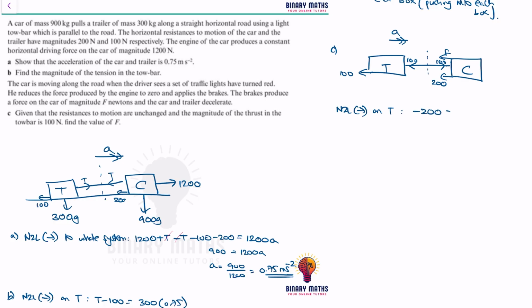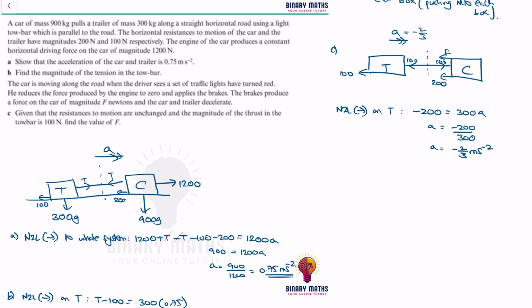So minus 200 will be equal to mass, which is 300, times acceleration. So acceleration is equal to negative 200 over 300, which means acceleration is equal to negative 2 over 3 meters per second squared. So A is equal to negative 2 over 3. And both of them are the same.